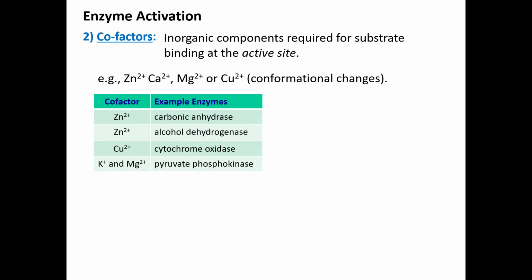Carbonic anhydrase and alcohol dehydrogenase require zinc ion, and cytochrome oxidase requires copper 2 ion. We have monovalent potassium and divalent magnesium that are required by pyruvate phosphokinase.